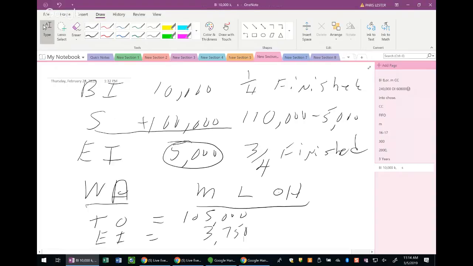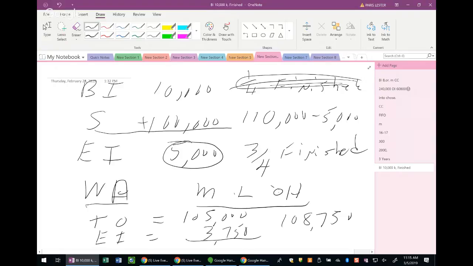All right, so your answer on the weighted average is 108,750, if materials, labor, and overhead were all the 1/4 and the 3/4. Now you see, we pretty much ignored beginning inventory. But the way your book does it, they do the ending inventory and they do started and finished.